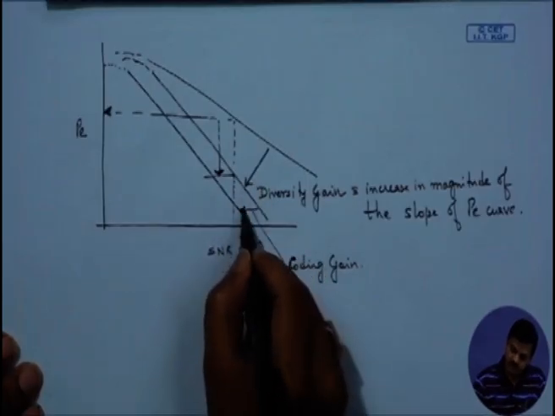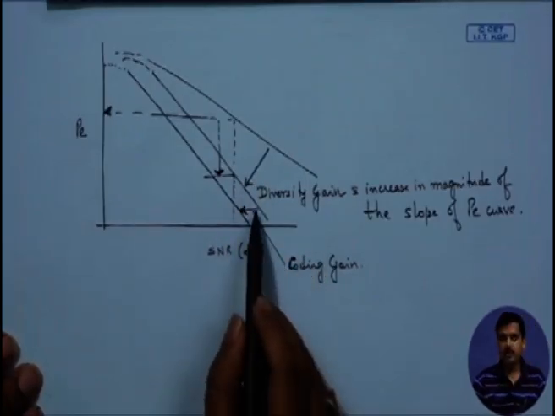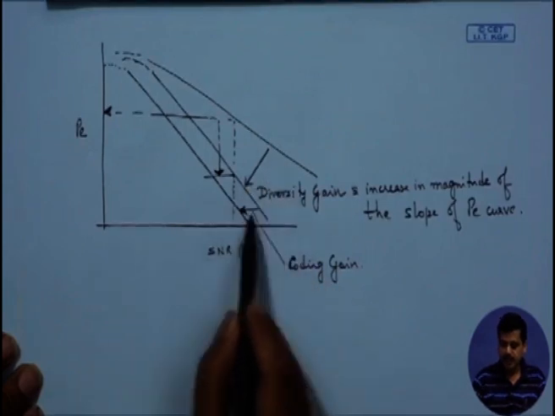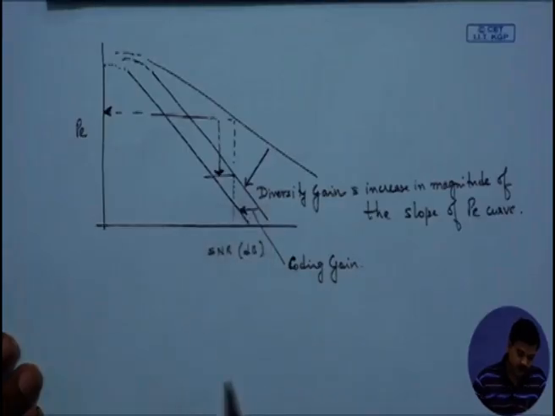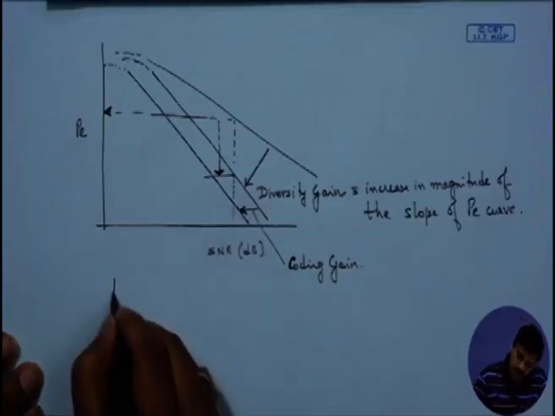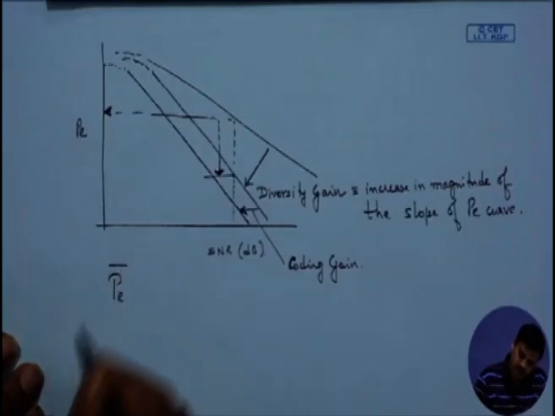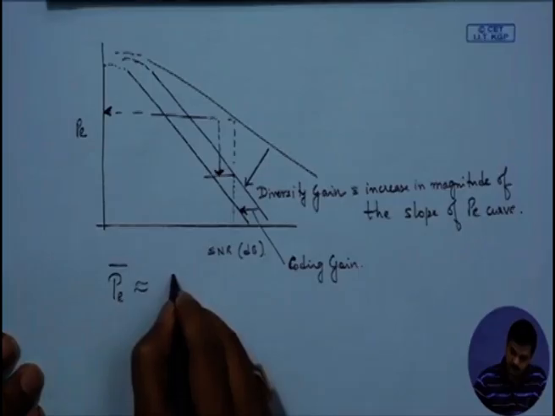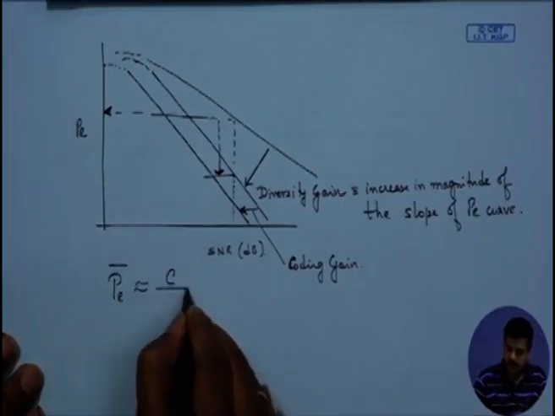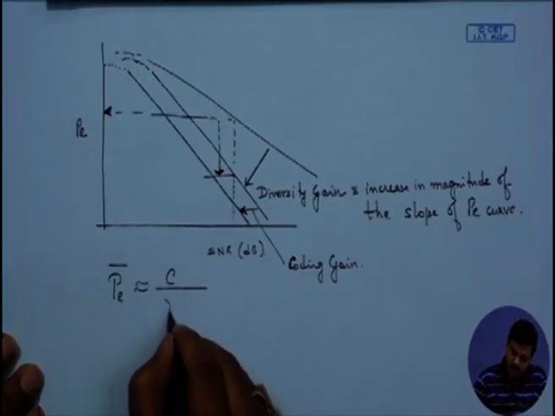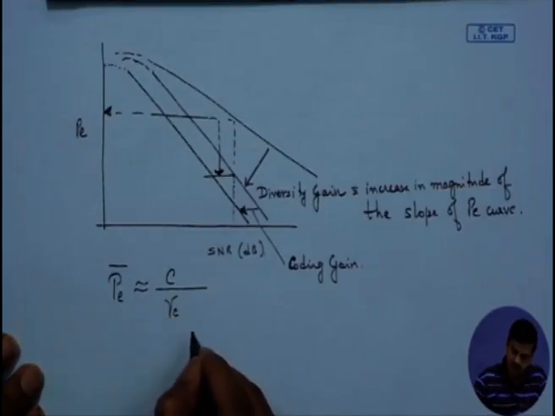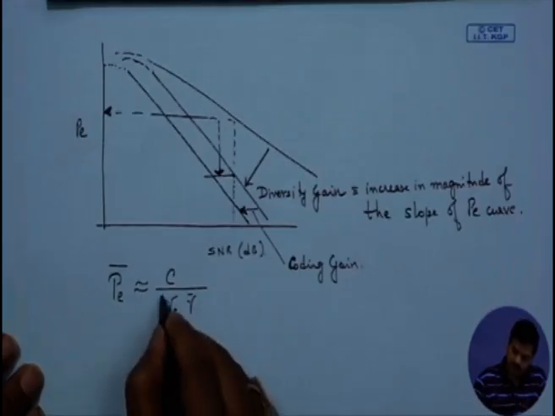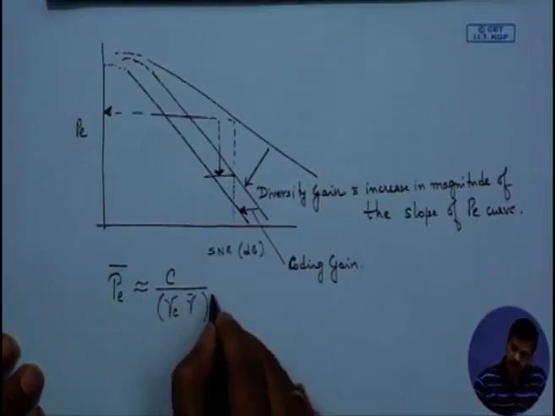So the two distinct kinds of gains can be observed in the error probability expression versus SNR, and we can identify whether there is a diversity gain or a coding gain. If we look at the average probability of error expression, it looks as if there is some constant, a coefficient gamma c, times gamma bar, the average SNR, raised to the power of m.